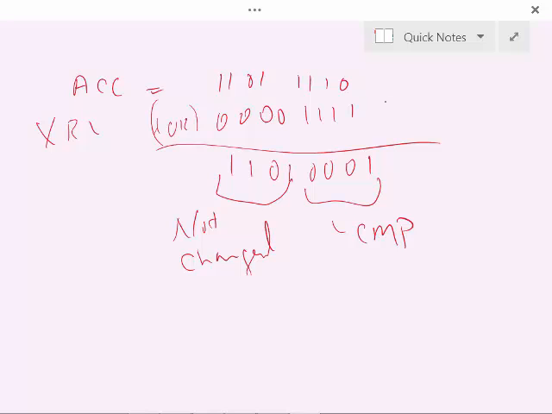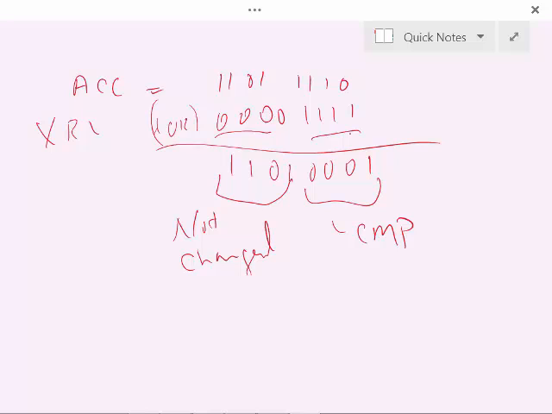By XORing this with 0F, I complement the lower 4 bits but leave the upper 4 bits unchanged. So it's a very powerful command if I want to invert bits, and there are plenty of times in which we want to do that. That's where the XOR comes in very handy.